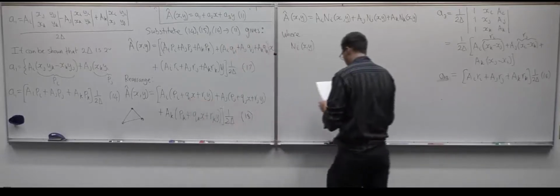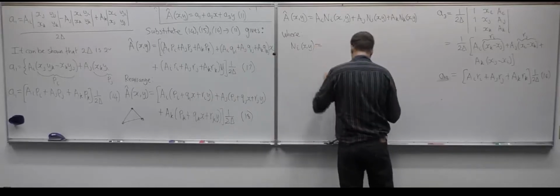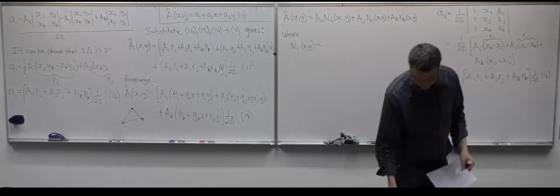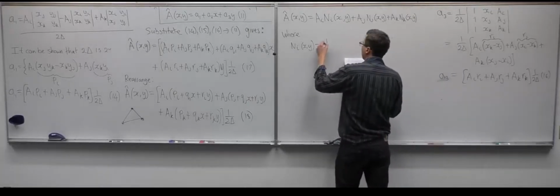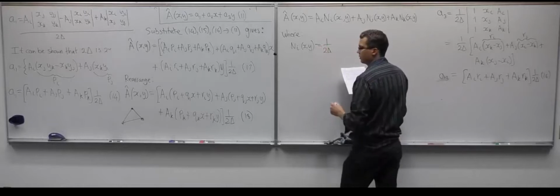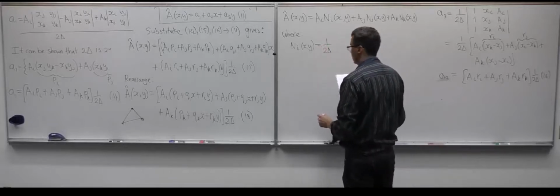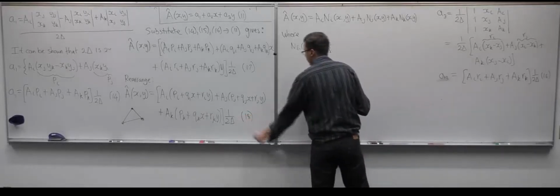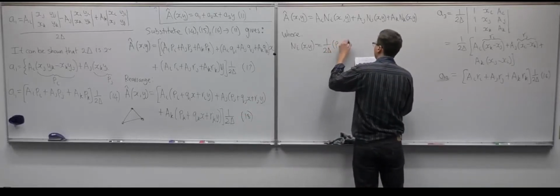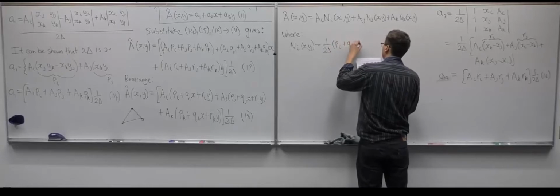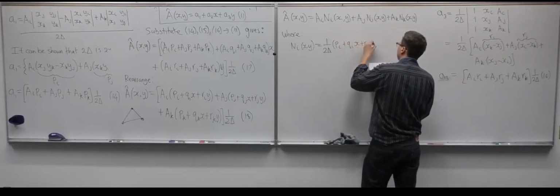Okay, so we have Ni is equal to 1 over 2 delta, and we've got the 1 over 2 delta here, don't forget that, 1 over 2 delta, Pi plus Qi x plus Ri y.